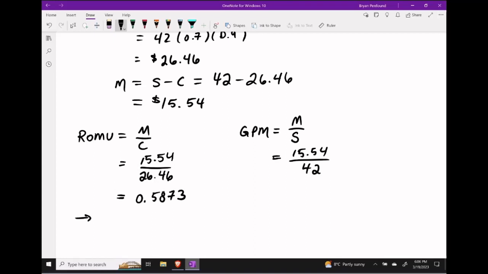So the rate of markup on the cost is 58.73%. Similarly, if we take the markup of $15.54 and divide by the selling price, we get 0.37. So the rate of markup on the selling price is 37%.